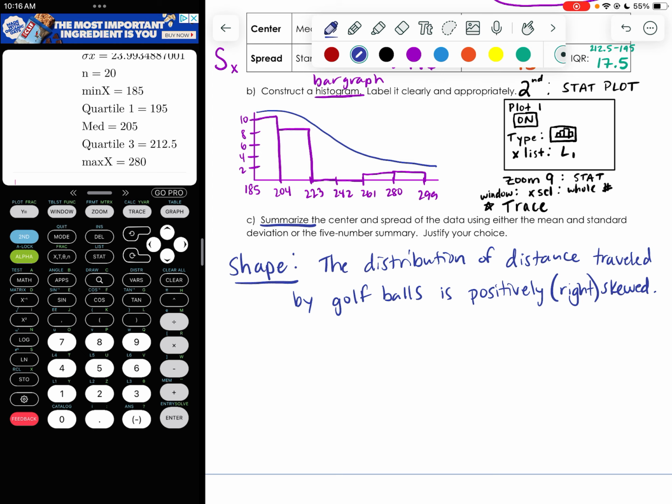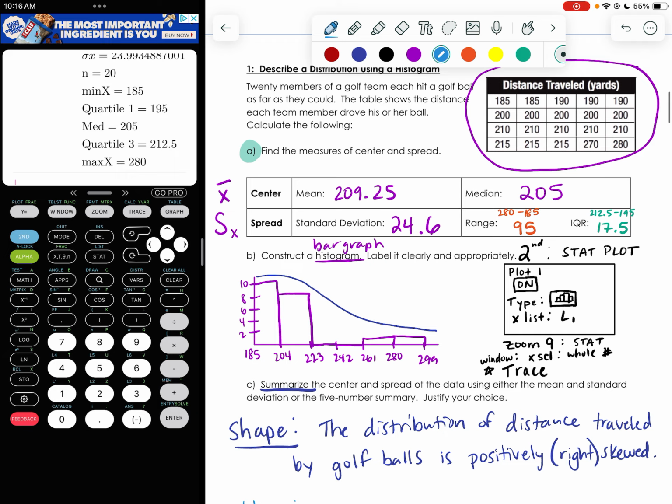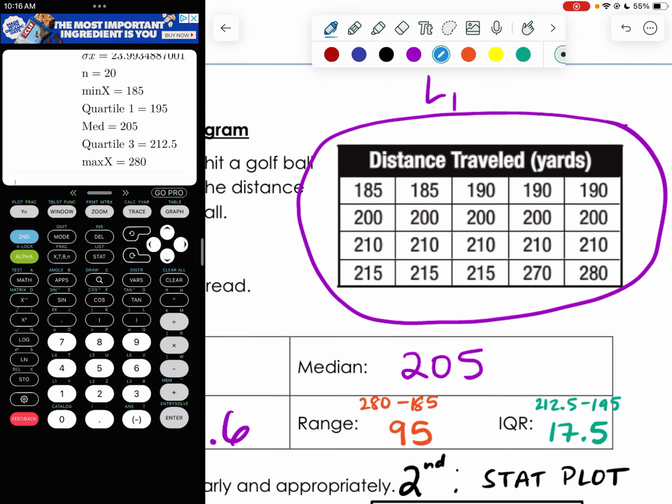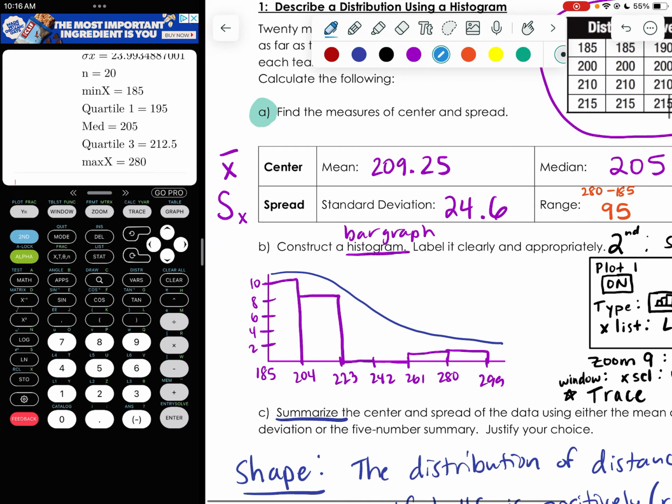Okay, if you have any outliers, generally we want to describe those as well, because that kind of helps with the shape too. The outliers, when you're looking at this, are anything that really doesn't fit with the data, and you can look at the numbers too, like 185, 185, 190, those are all in that first big set here.